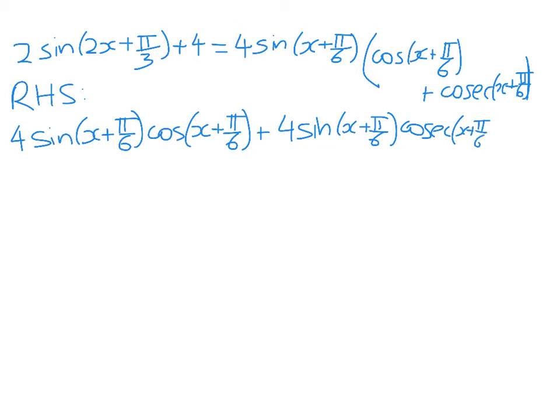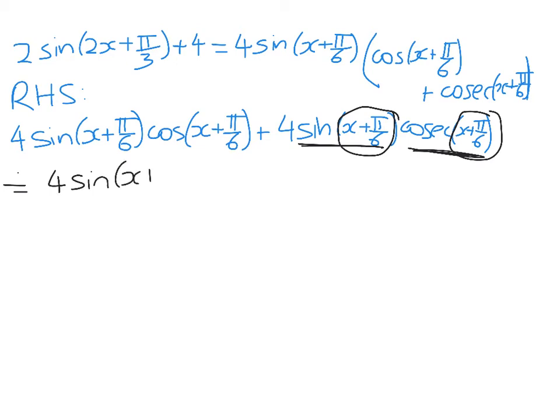Now the first thing I'm going to do is use my knowledge of the relationship between sine and cosec. So they multiply together to give me 1 because the angle in here is the same. So that equals 4 sine of x plus pi on 6 times cos of x plus pi on 6.